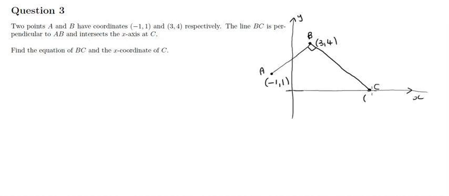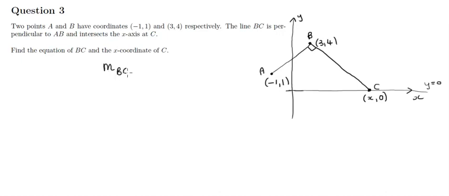So just before we even start this question, this point on the x-axis, this is where y is equal to 0. So this point here has some x value for its x-coordinate, but its y value is 0. Okay, so find the equation of BC. Remember to get the equation of a line, you have to firstly have its gradient.